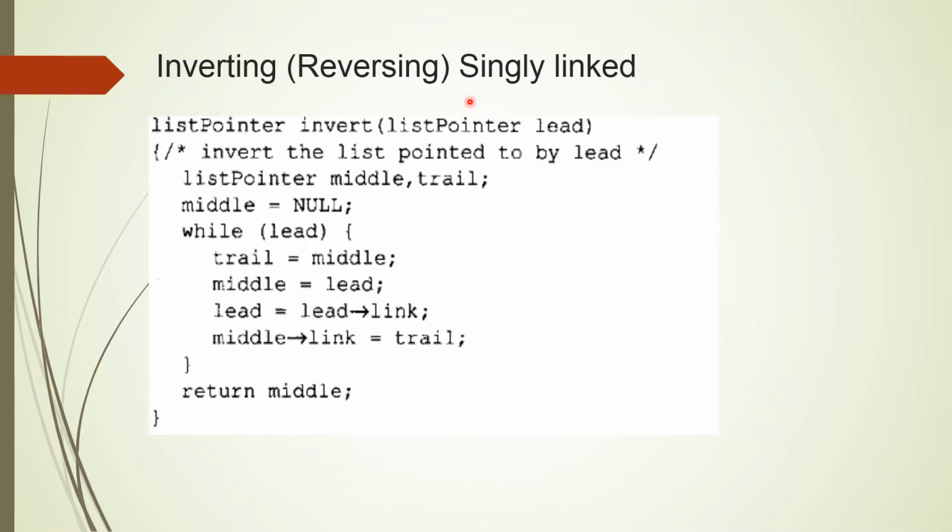Inverting or reversing a singly linked list is very important both from the point of view of examination as well as placement. So, we will see how this code works with respect to reversing a singly linked list by taking one simple example.